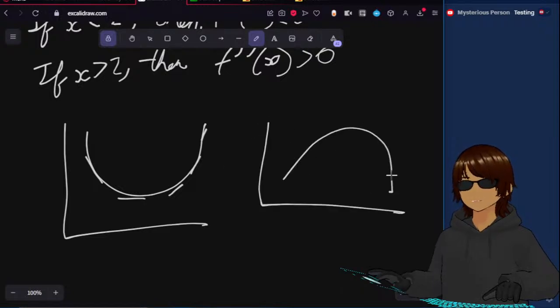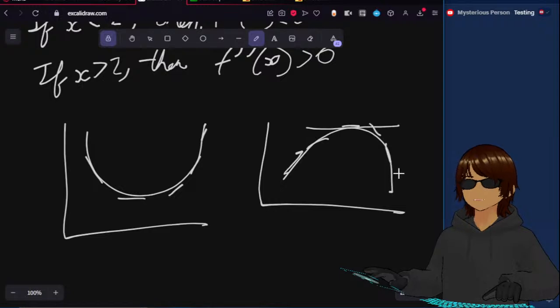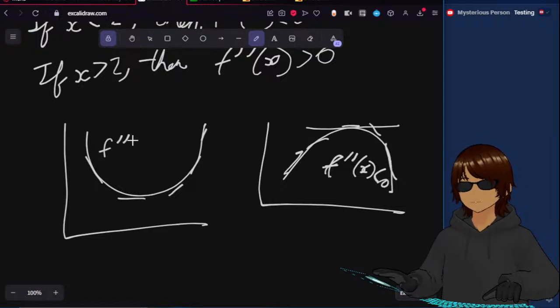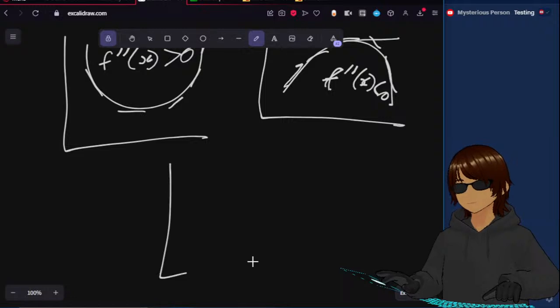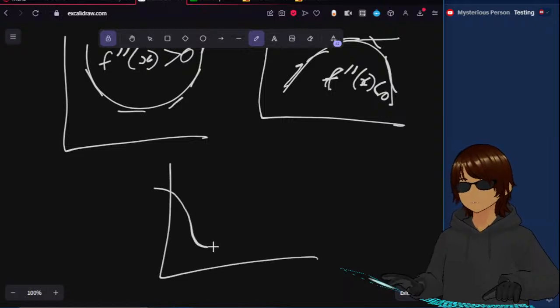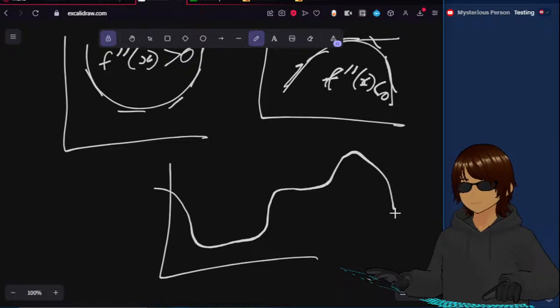Then if it's a local maximum, the derivative would be 0, but the gradient is decreasing, so the double derivative would be less than 0. And if it's like this, straight, then it's inconclusive.